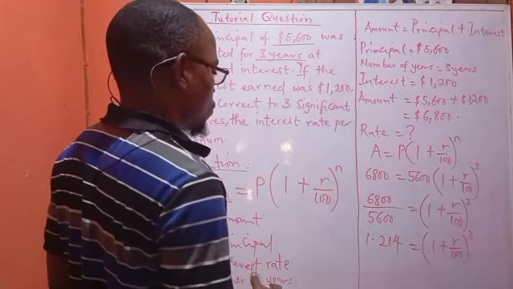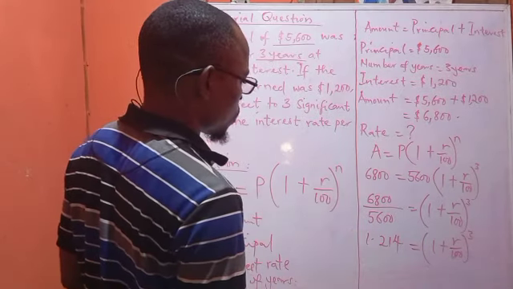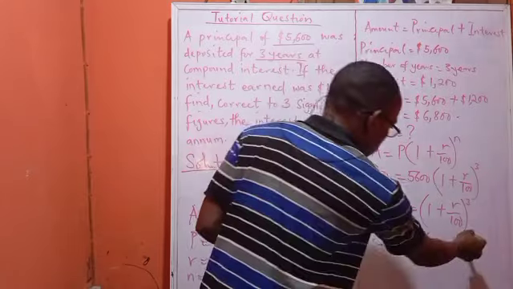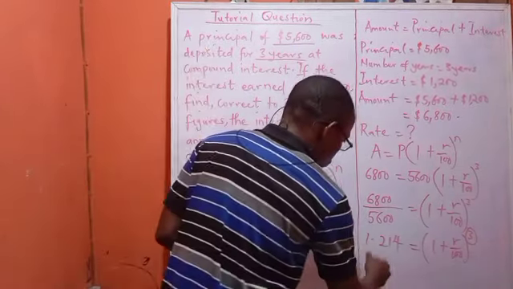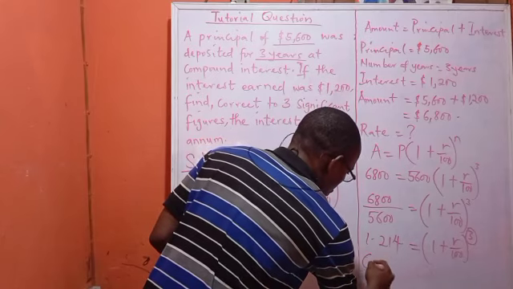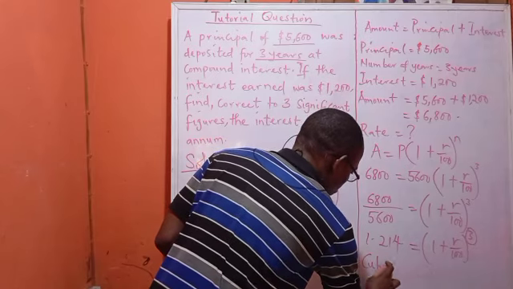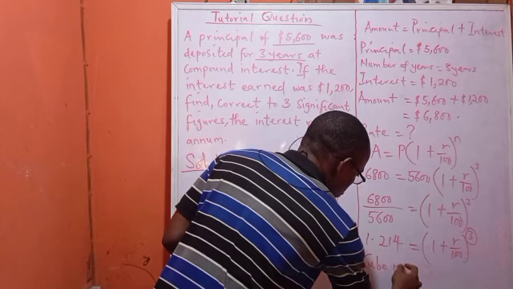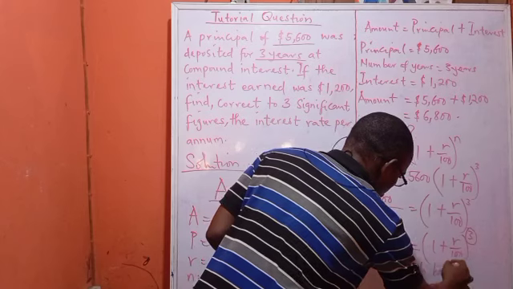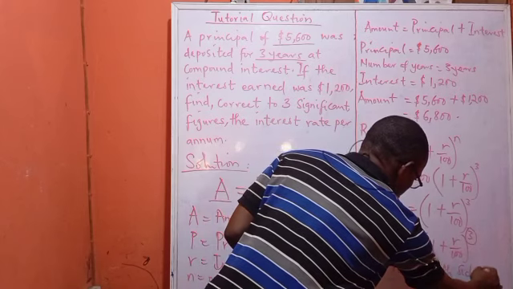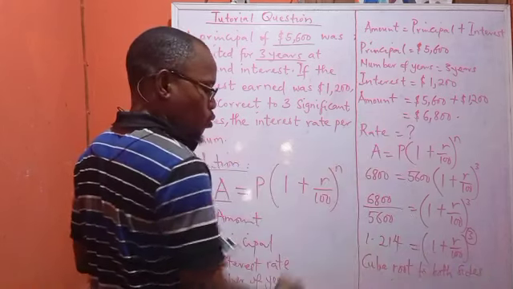Since we are able to get here, what do we do? This power here, let's look for a way to take it away. We will do the cube root to both sides.